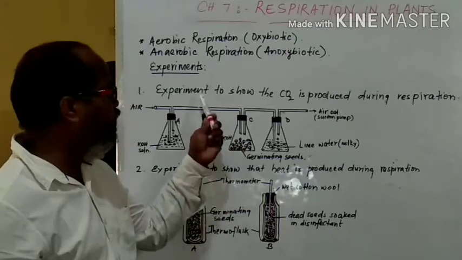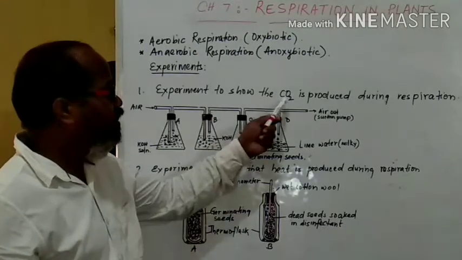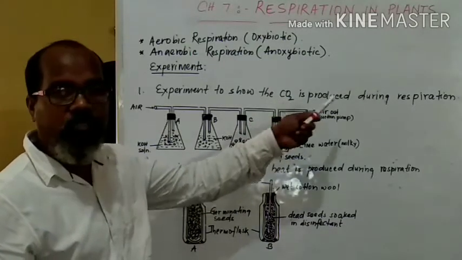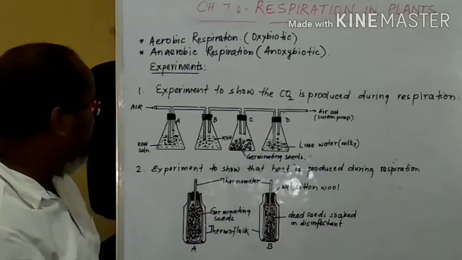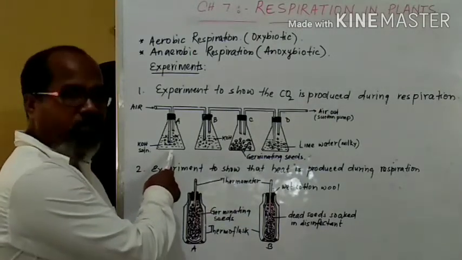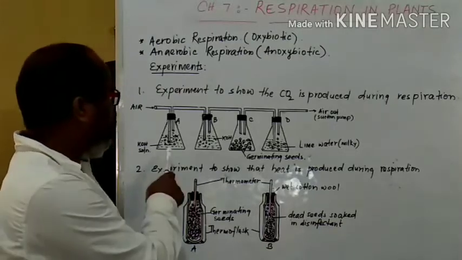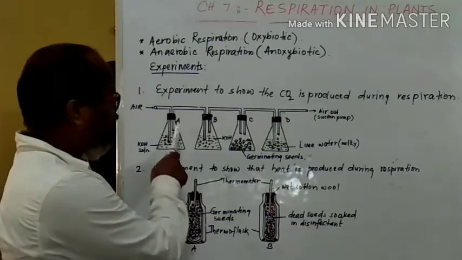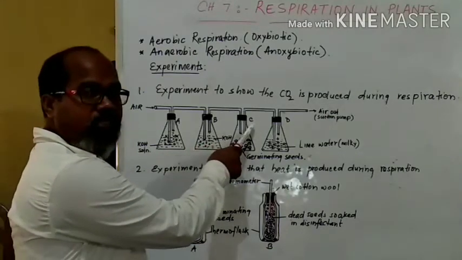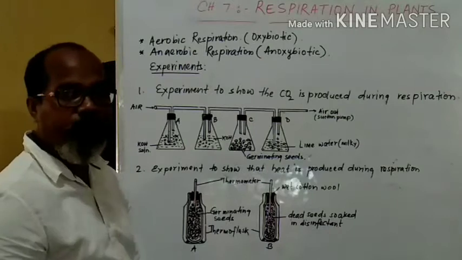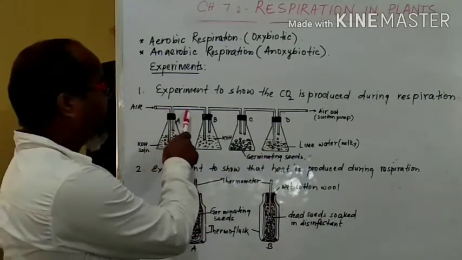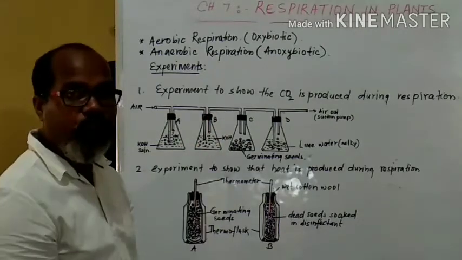So in this experiment, we will try to prove that carbon dioxide is released during respiration. We have the experimental setup here with 4 flasks: flask A, flask B, flask C, and flask D. And each of these flasks is connected by these tubes.